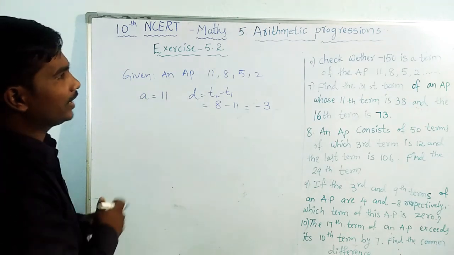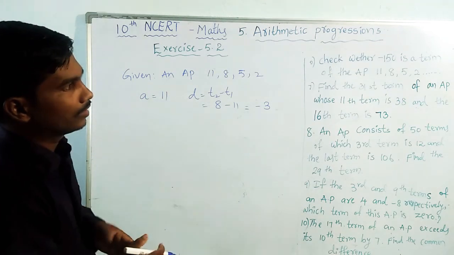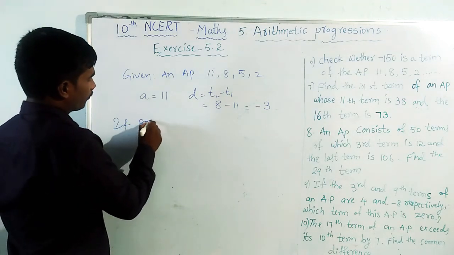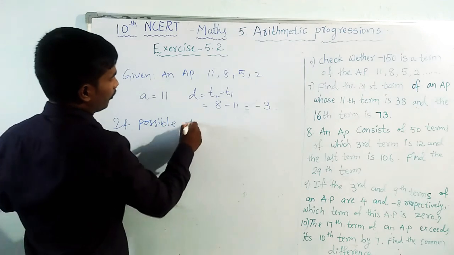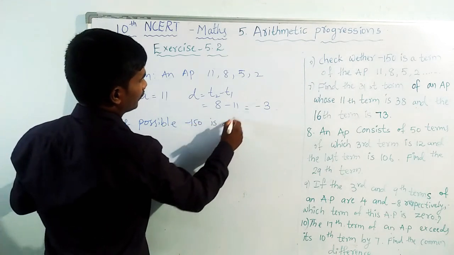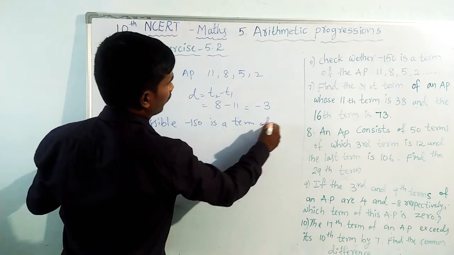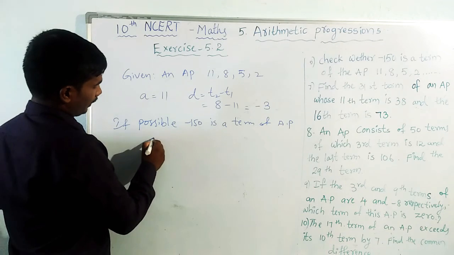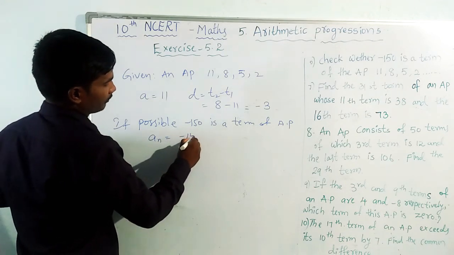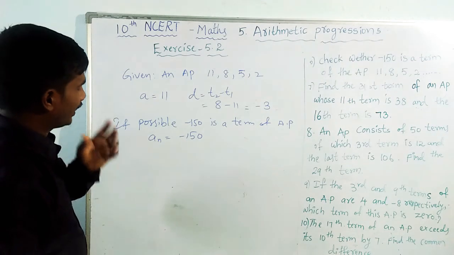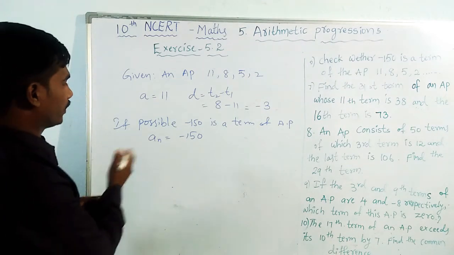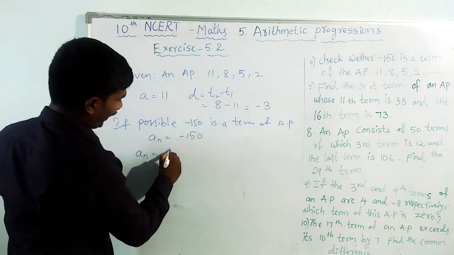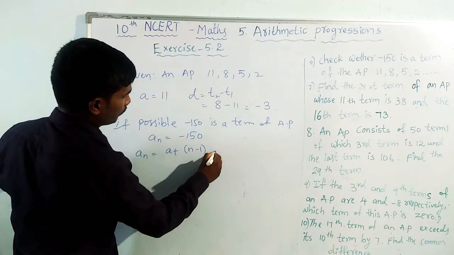Now, if minus 150 is a term of the AP, then consider it the nth term. So an is equal to minus 150. Now find the an formula: an is equal to a plus n minus 1 into d.